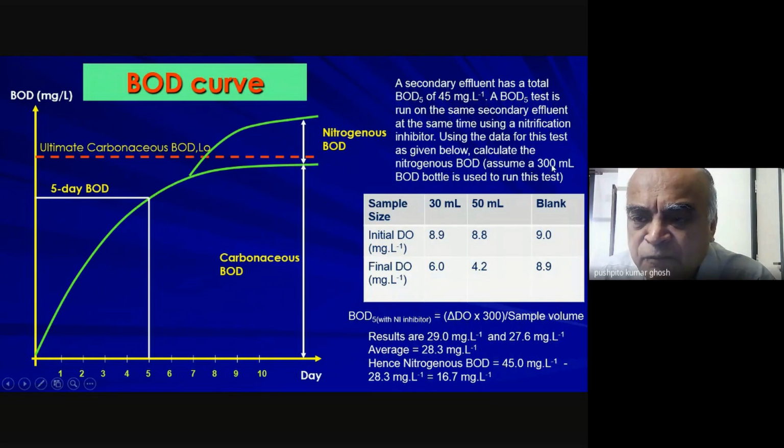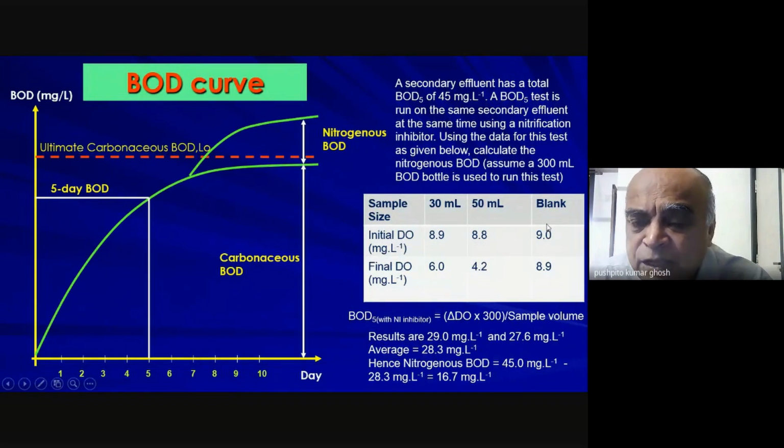When I fill it up finally to 300 ml, it will be 10, and in this case it will be 6. That will be the dilution factor. In the 30 ml sample, the initial dissolved oxygen was 8.9. It went down to 6.0 in the presence of the nitrification inhibitor. And in the other case, it was 8.8 and it went down to 4.2.